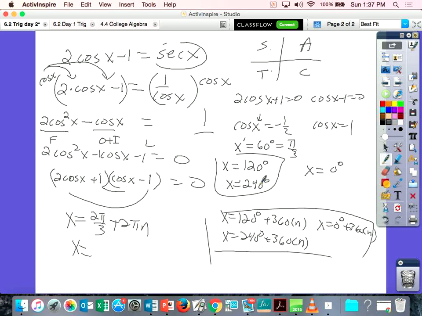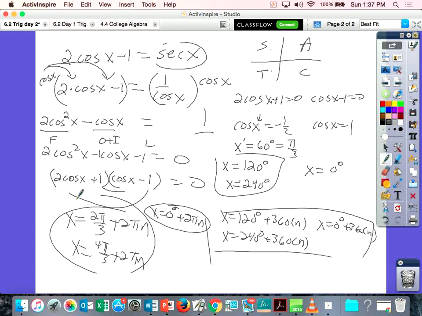This would be in quadrant 3, so the numerator is 1 more than the denominator, plus 2 pi n, and 0, plus 2 pi n radians. So answer your problem accordingly to whatever directions are for the problem.